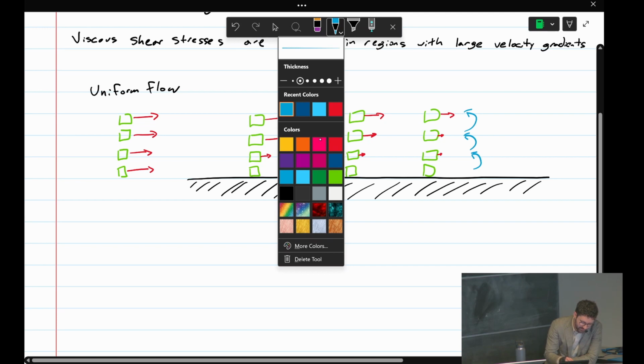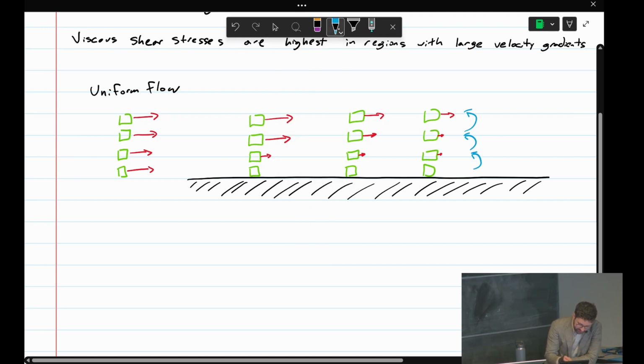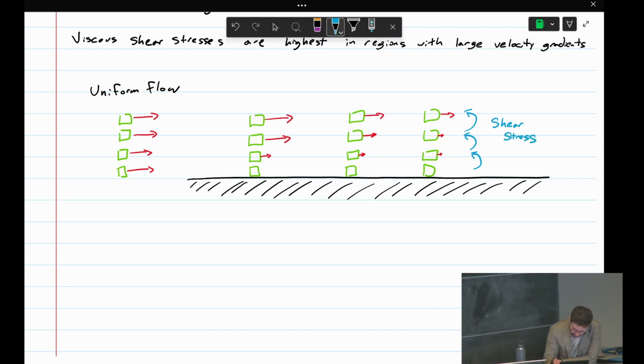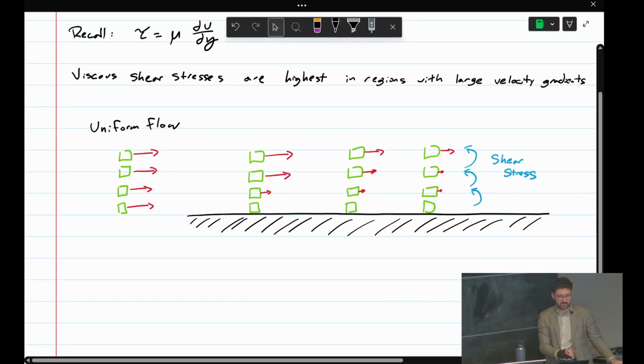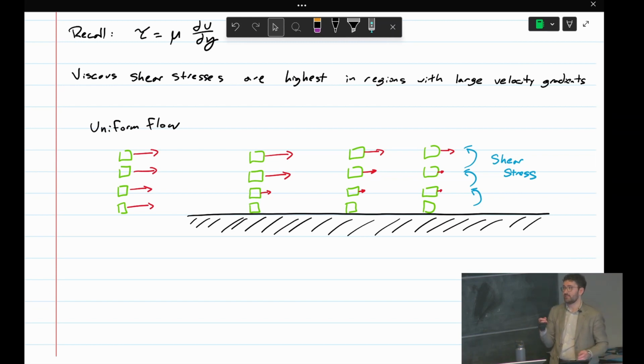Since the parcels are moving relative to each other, that creates a viscous shear stress between the parcels. And like I said, since tau is mu du dy, the highest velocity gradient will produce the highest shear stress. The velocity gradients are the largest at the parcel at the wall. So that parcel at the wall has the highest shear stress.